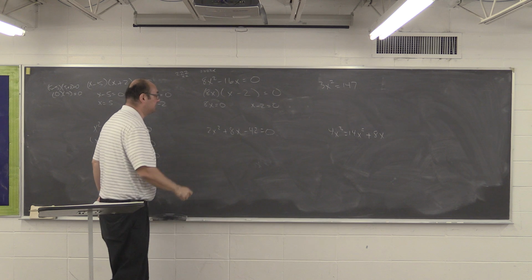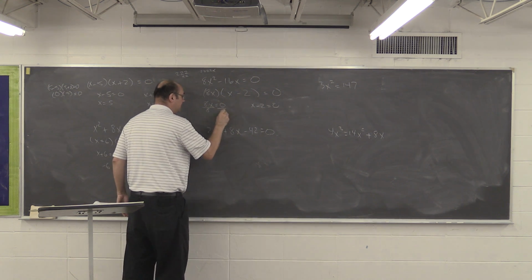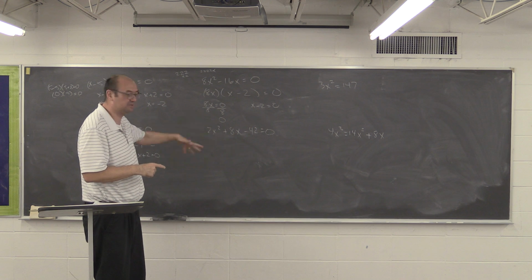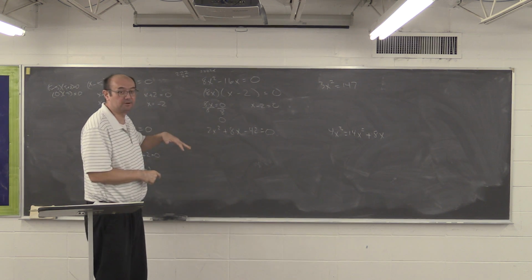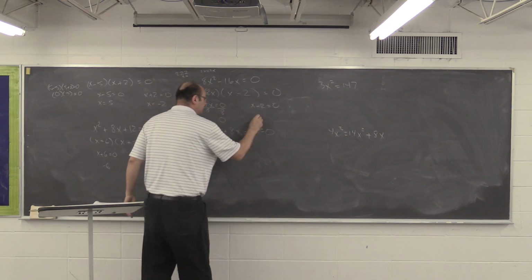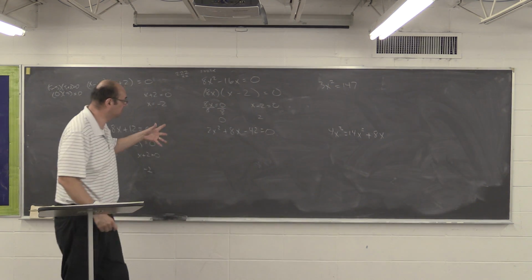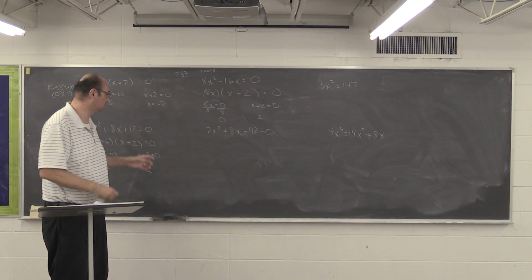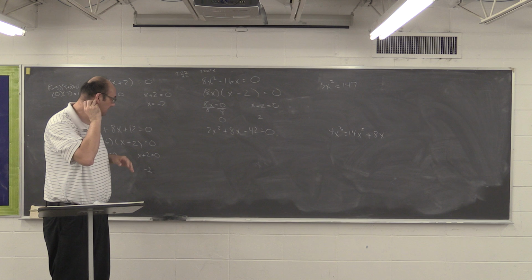So divide both sides by 8, and we find our answer is 0. It would be undefined if the 0 were in the denominator, but it's in the numerator, so it's 0. We add 2 to both sides, and we find here that the answer is 2. So 0 and 2 are going to be our answers.